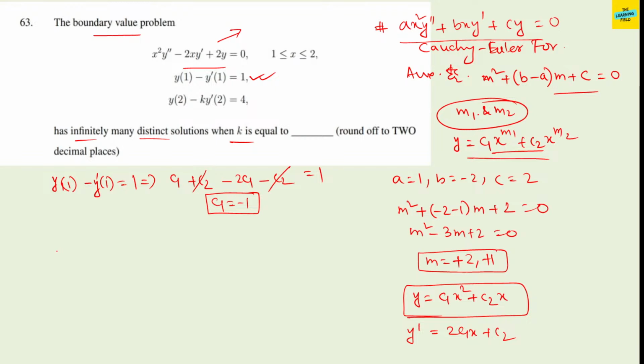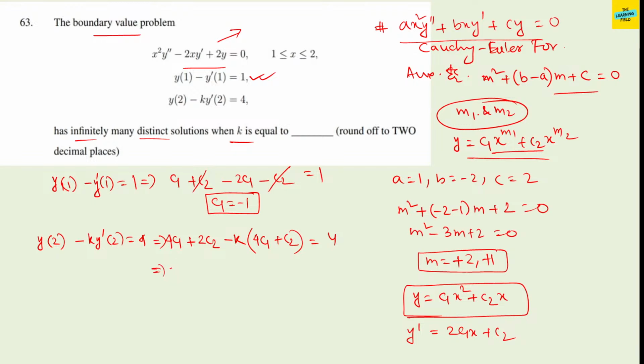Now y(2) minus k y dash(2) equal to 4. This gives y(2), which means 4c1 plus 2c2, and y dash(2) means 4c1 plus c2, is equal to 4.